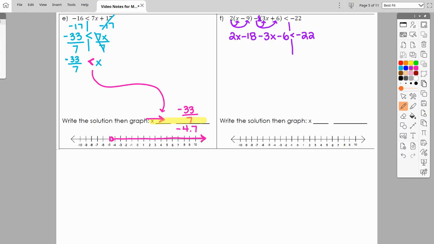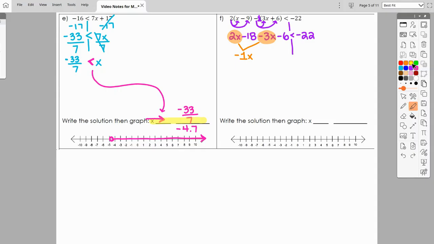Speaking of combining, I'm going to go ahead and combine my like terms on the same side on the left. I'm going to go ahead and highlight anything on the left that has the letter X in it. Those will combine together with the same operation since they're on the same side. 2x minus 3x is a negative 1x.